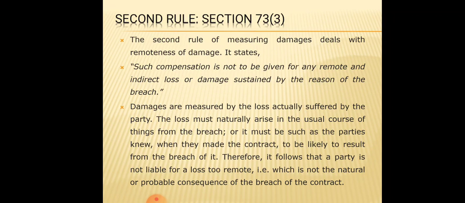The loss must naturally arise in the usual course of things from the breach, or it must be such as the parties knew when they made the contract to be likely to result from the breach of it. Therefore, it follows that a party is not liable for a loss too remote, which is not the natural or probable consequence of the breach of the contract.